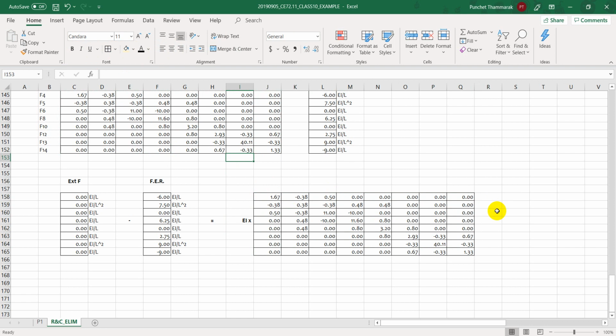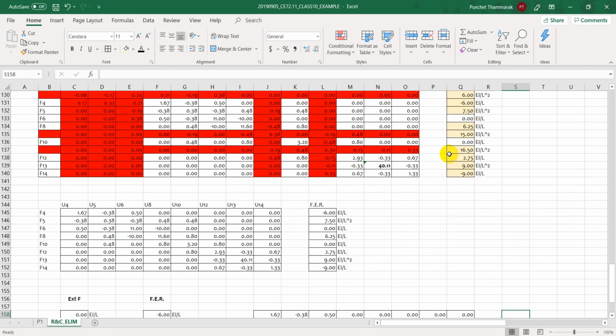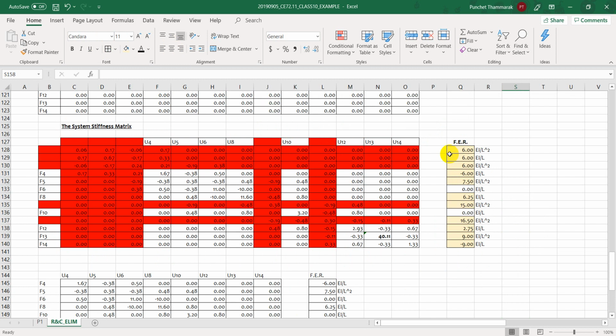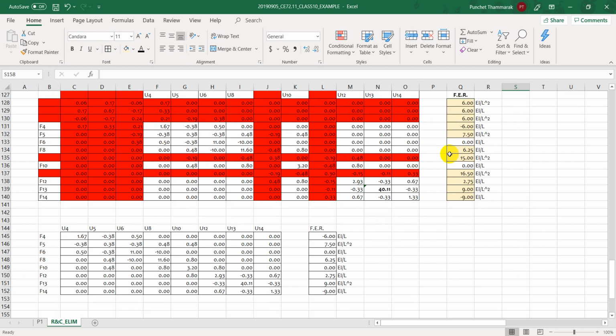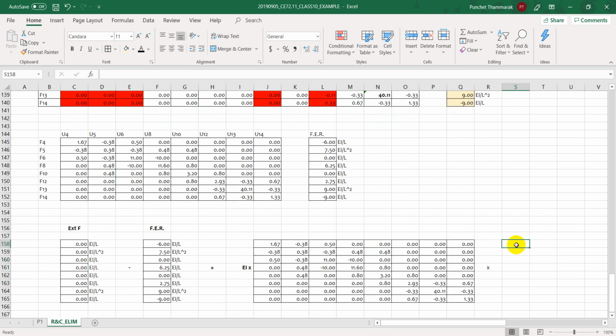And then we have this multiplied by the degrees of freedom 4, 5, 6, 8, 10, U4, U5, U6, U8, U10, U12, right? 11 is gone, 13 and U14.